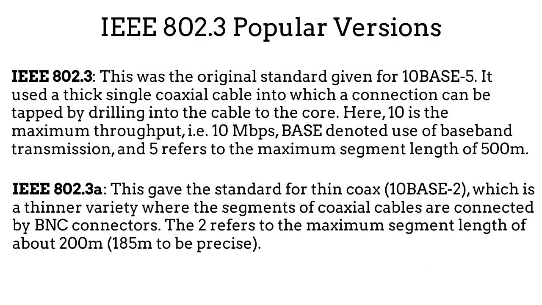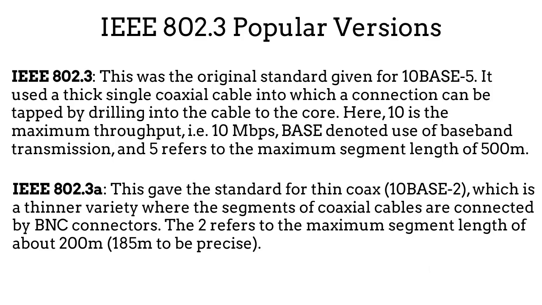This was the original standard given for 10 Base 5. It used a thick single coaxial cable into which a connection can be tapped by drilling into the cable to the core. Here 10 is the maximum throughput, that is 10 Mbps. Base denotes the use of baseband transmission and 5 refers to the maximum segment length of 500 m.